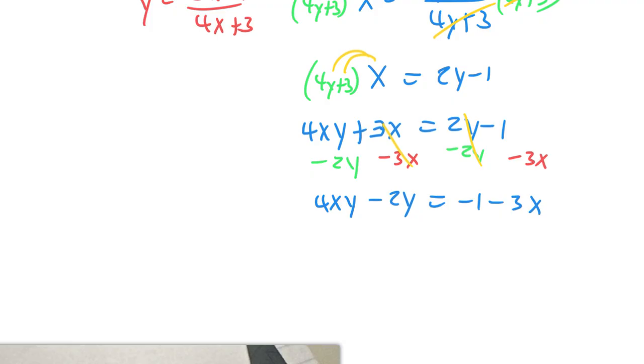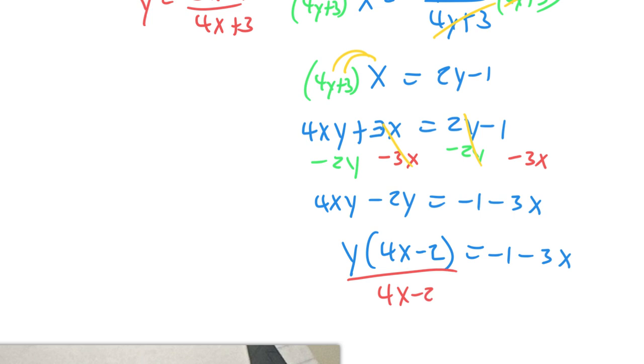Then the purpose of getting all the terms that feature y on one side is to factor out y as the GCF. Then we have y times (4x minus 2) equals this over here. At that point, you can divide both sides by the 4x minus 2. So this is how you go about these.